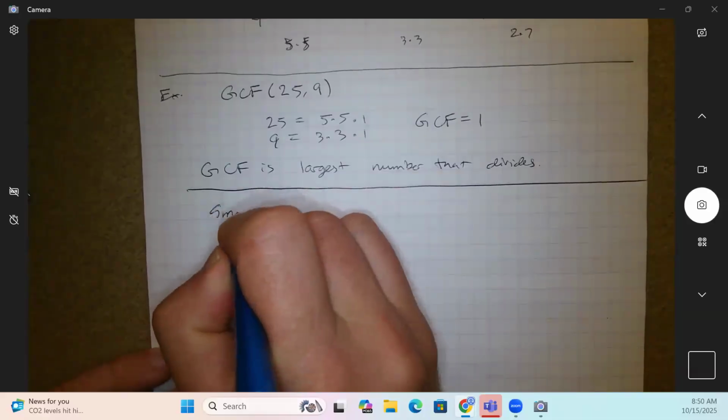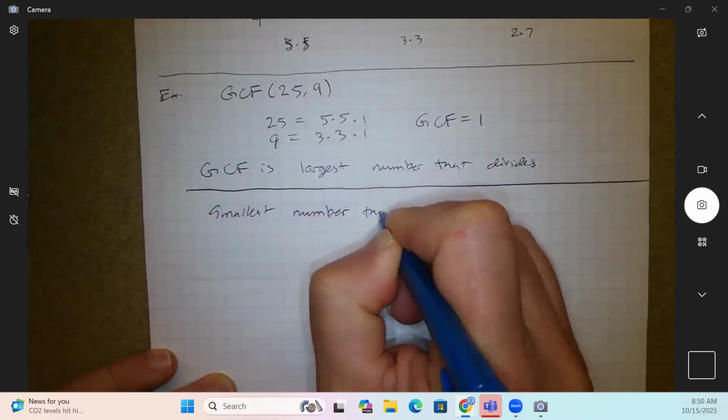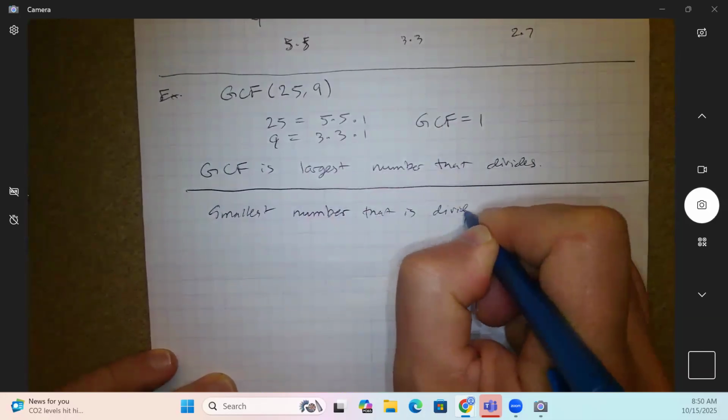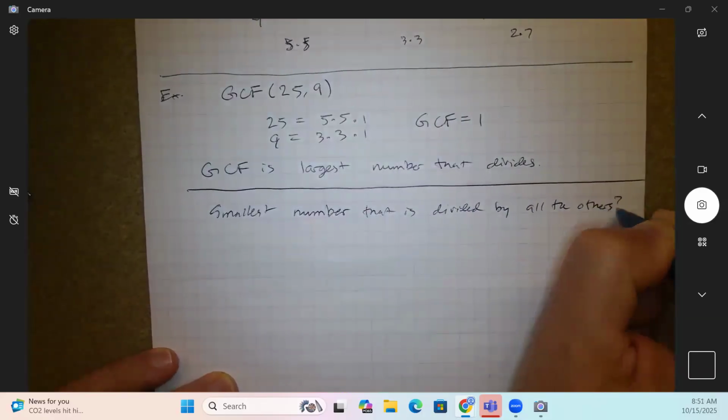What about the smallest number that is divided by all the others?